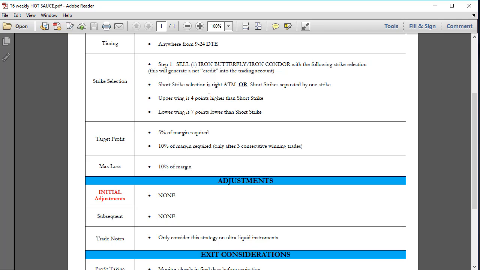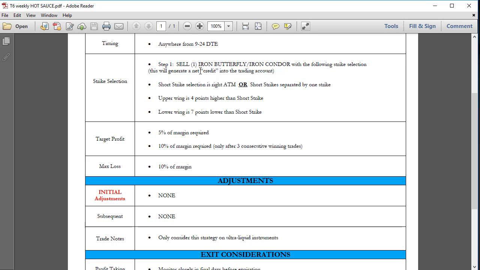So this is just a simple iron butterfly. You'll have your short strike right at the money, or they're separated by one strike only. Your upper wing is 4 points, your lower wing is 7 points. You can adjust these upper and lower wings, the long strikes, depending upon the credit that you receive.